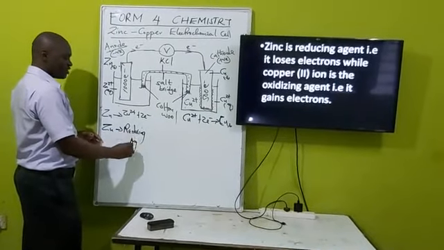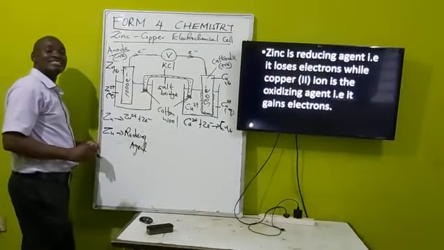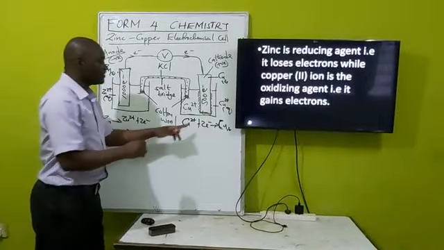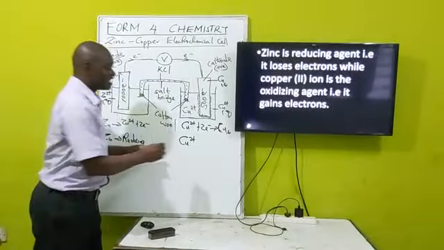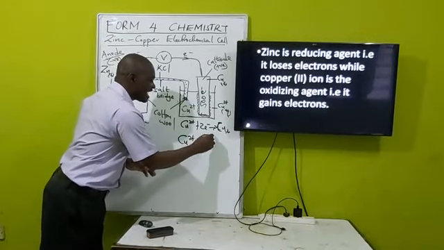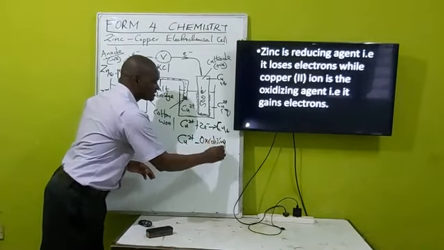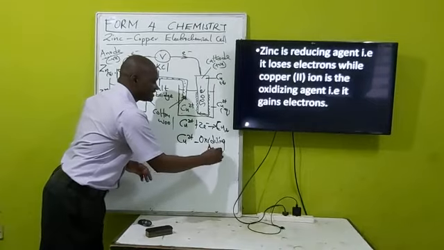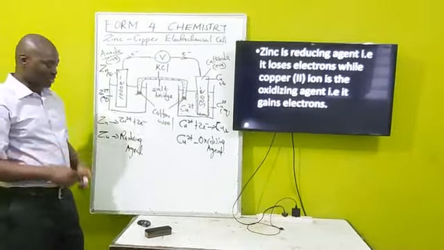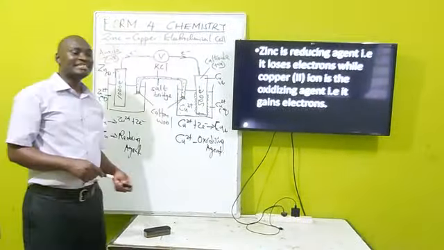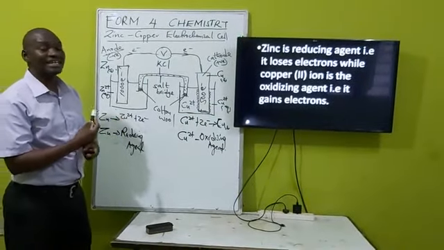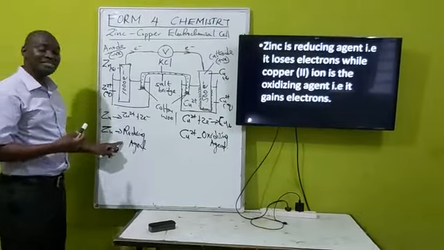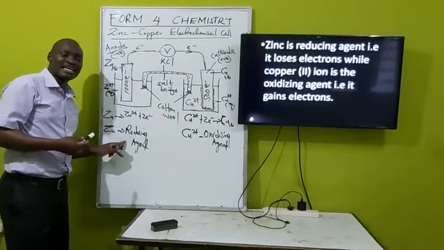Why? Because it is the one that loses electrons. And on this side, copper 2+ becomes the oxidizing agent. Why? Because copper 2+ gains electrons. An oxidizing agent gains electrons, while a reducing agent loses electrons.